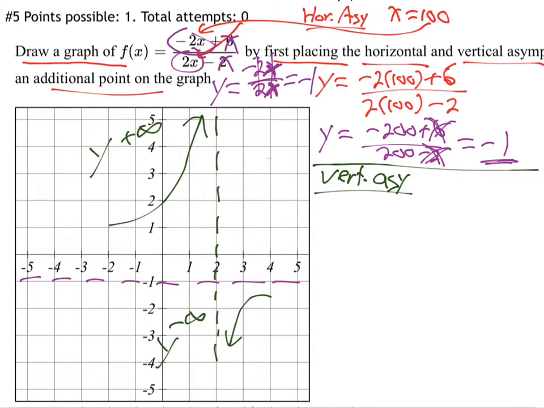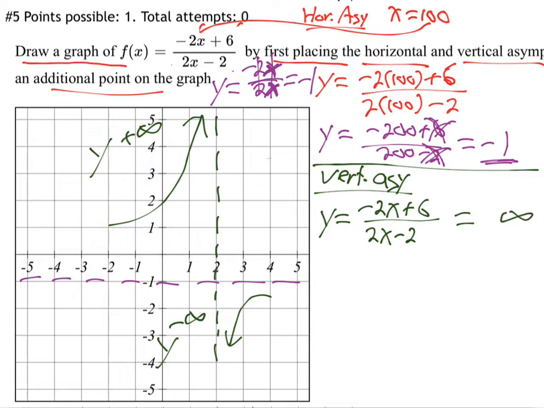Well, here's the equation: y equals, let me put it back the way it was, minus 2x plus 6 over 2x minus 2. What's going to make that whole fraction go to infinity? Positive or negative infinity, doesn't matter. Some kind of infinity.